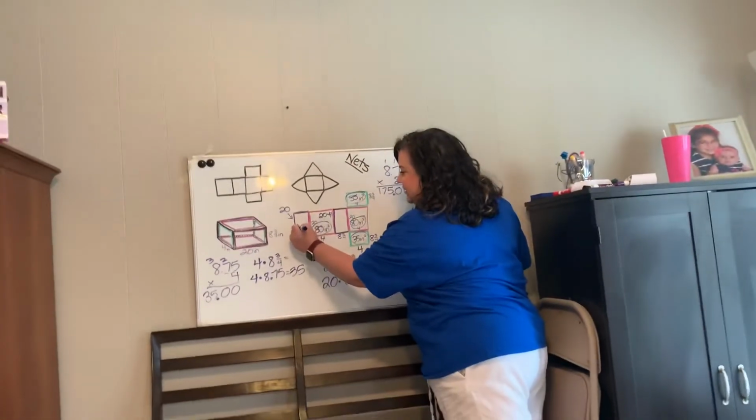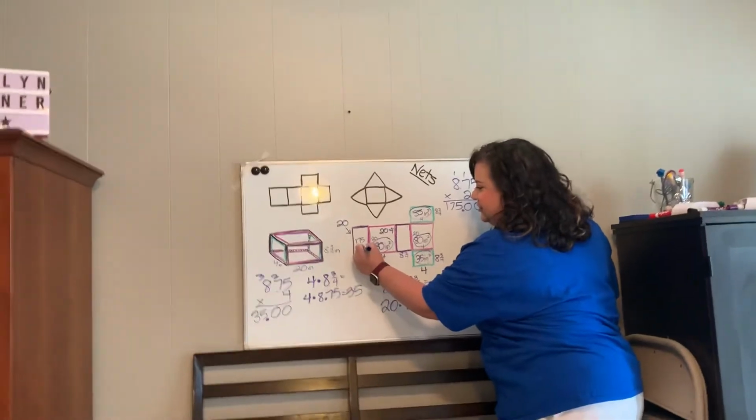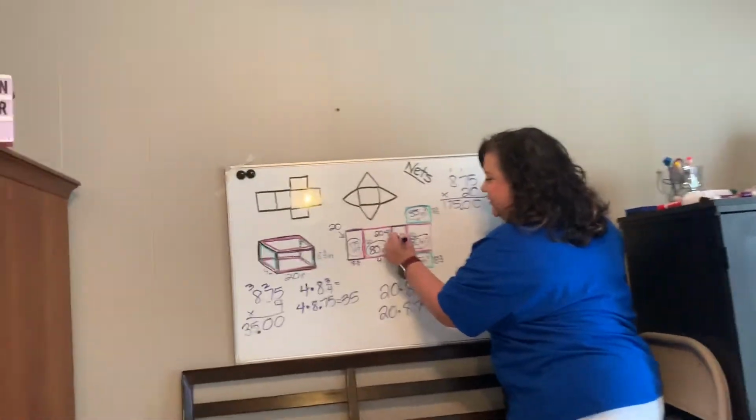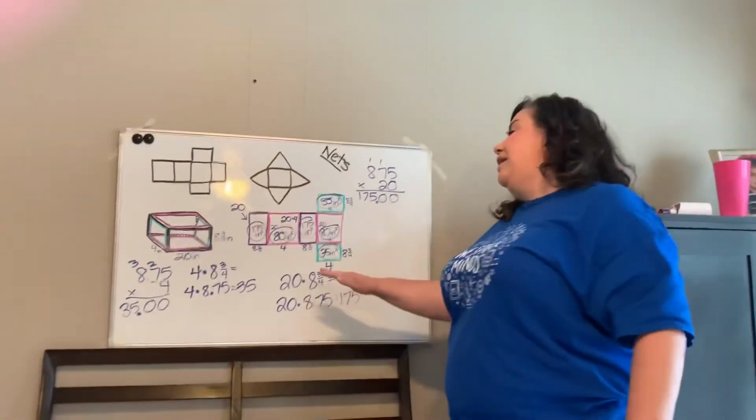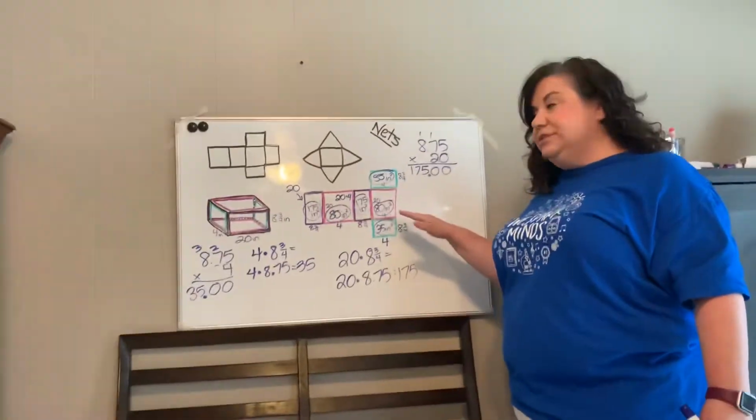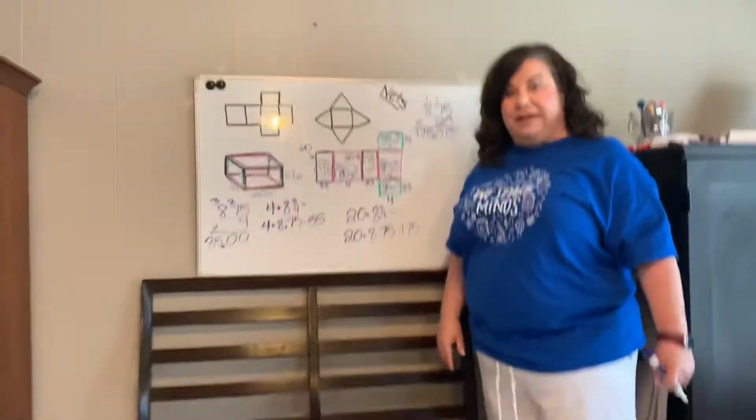That means this one is 175 inches squared, and if that purple one's 175, then this one's 175. All right, so now I have all of these numbers inside of my rectangular prism.